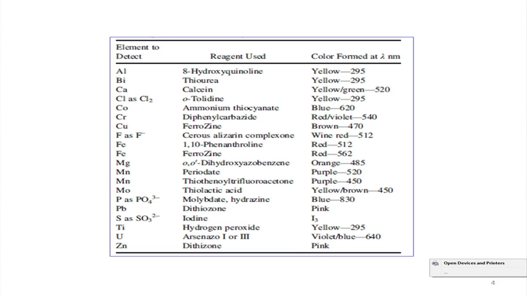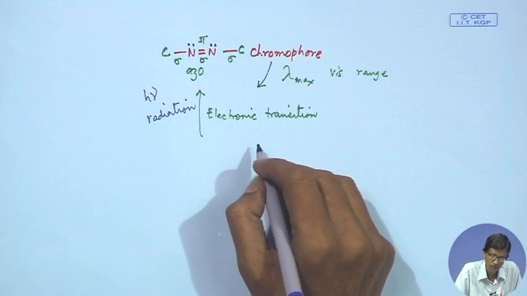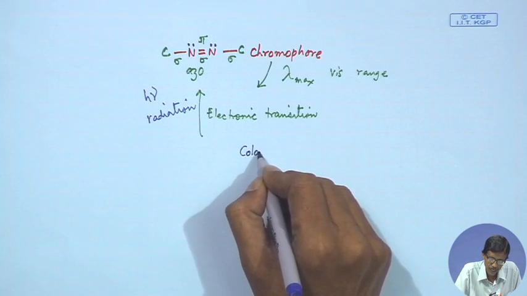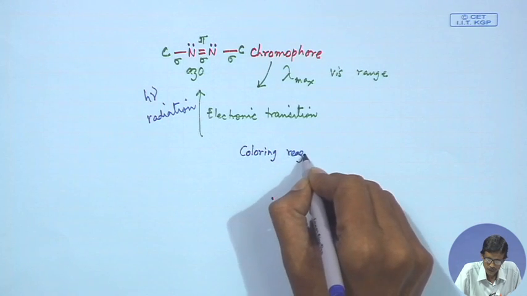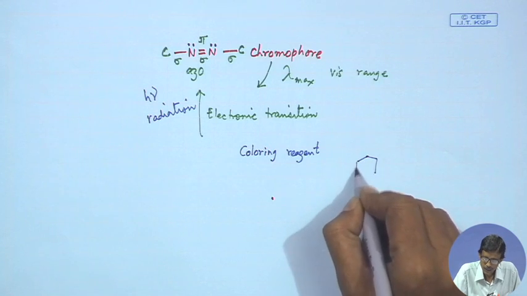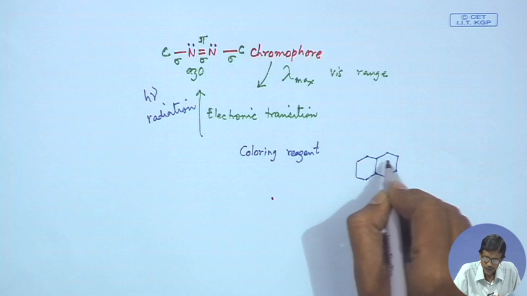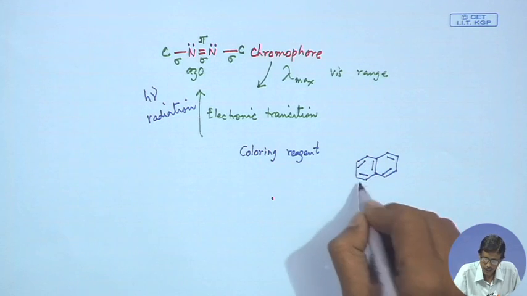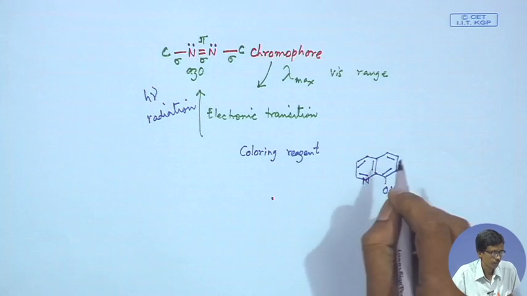We are introducing something as a reagent that has some other purpose also. Now, we consider it as a coloring reagent, which is 8-hydroxyquinoline.